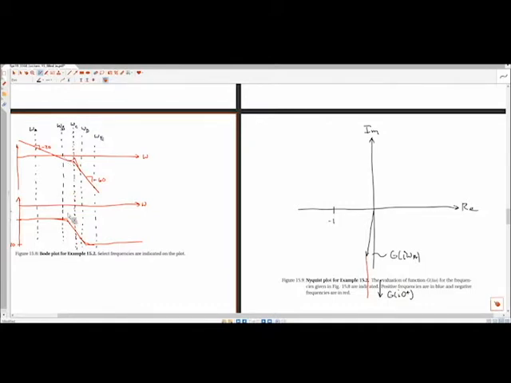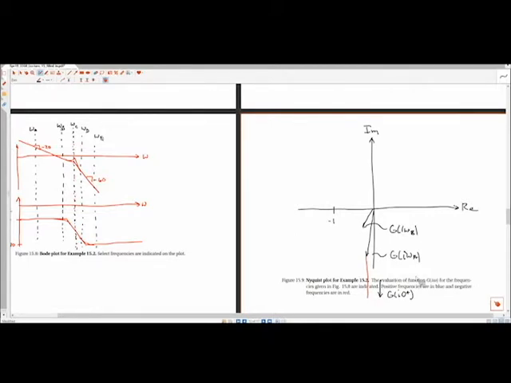I have phase a little bit less than negative 90. So the phase is going to get smaller, magnitude is going to get smaller. So this is a vector, say, just as approximation. And here, as a rough approximation, we get this general shape.